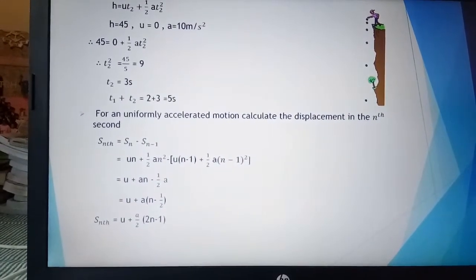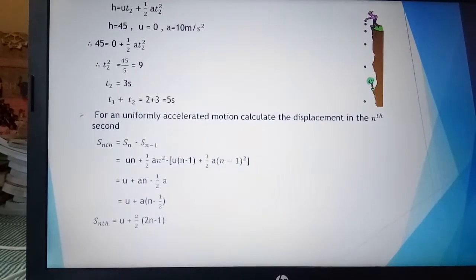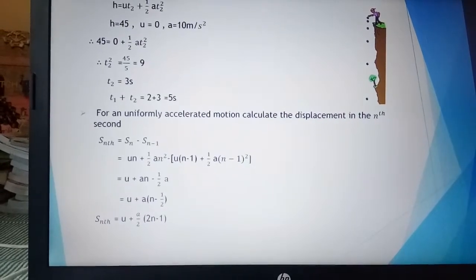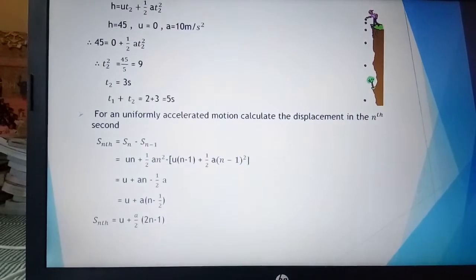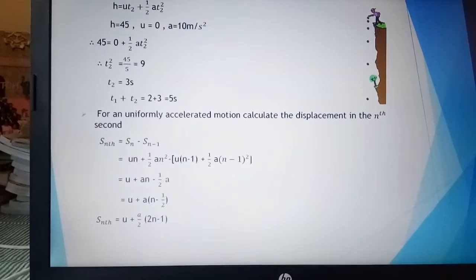So if you simplify un plus half a n square minus u(n-1) plus half a (n-1) whole square, and take the difference between them, we get u plus a into n minus half a.